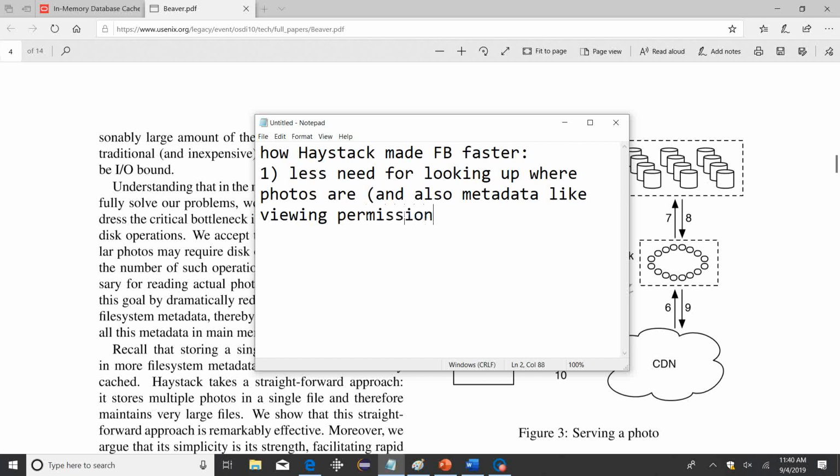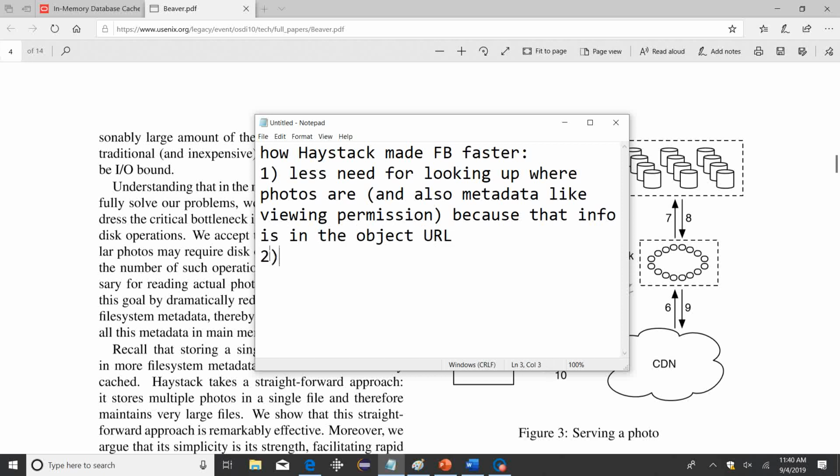Metadata is data about data. If somebody tries to click on something on Facebook, Facebook has to know whether you are granted permission to view this content. Facebook doesn't really have to do that anymore, because that info is in the object URL.